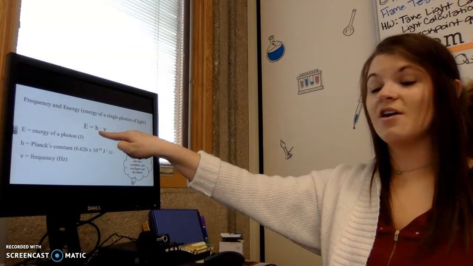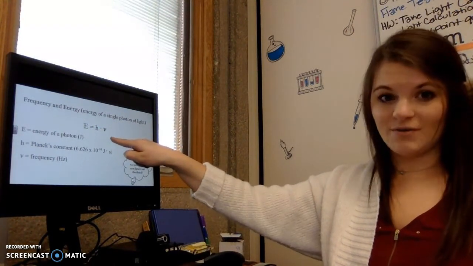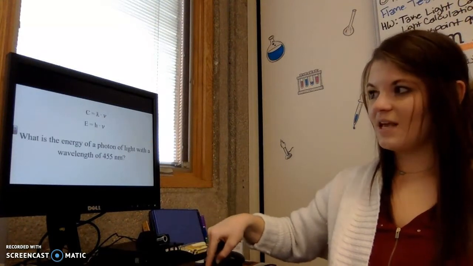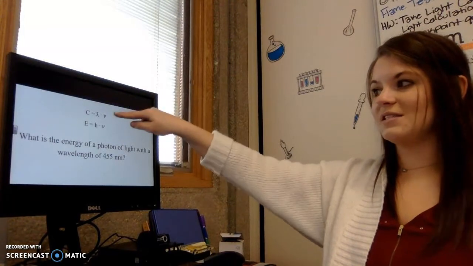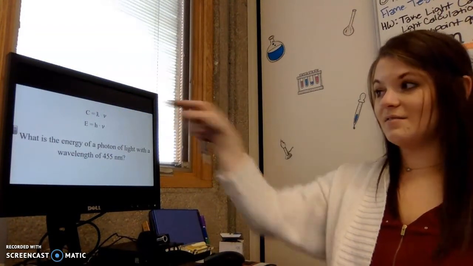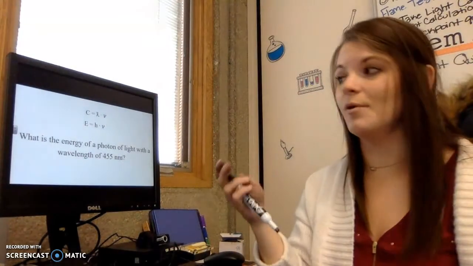Energy equals a new constant, Planck's constant, times frequency. And then putting them together, understand that frequency is the variable that both equations have in common, and you can use that to convert between the two.